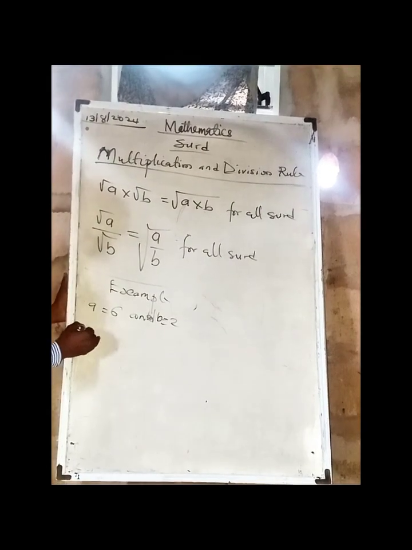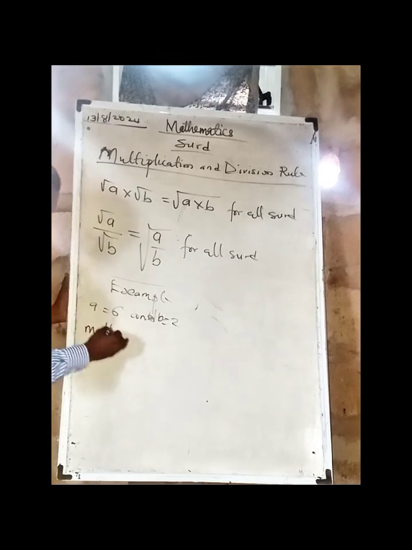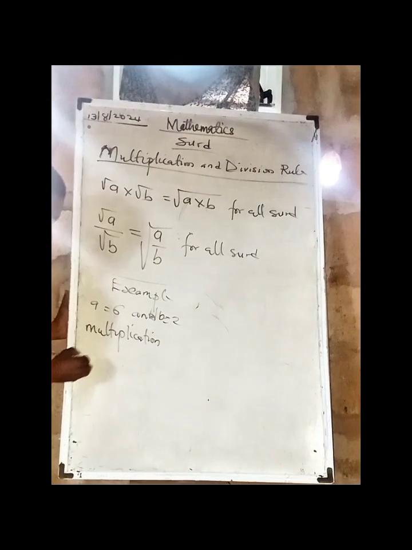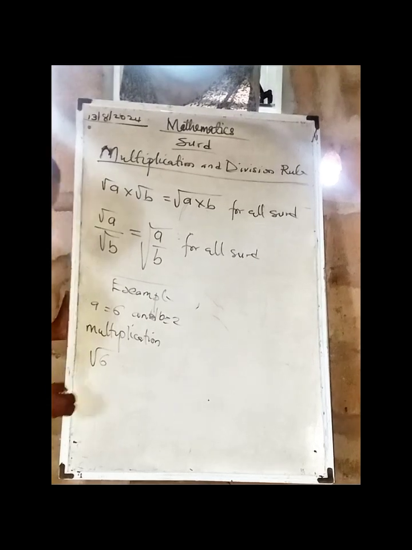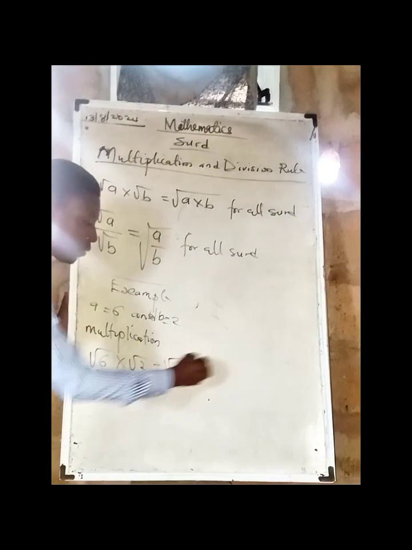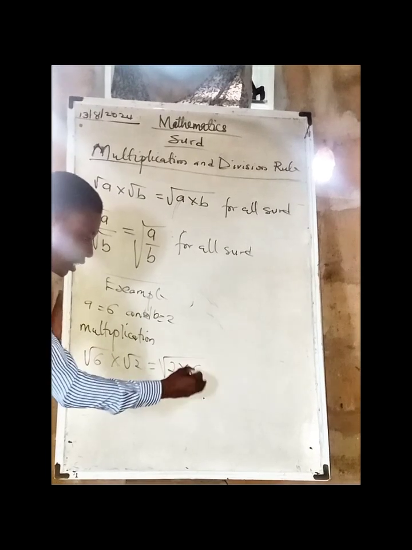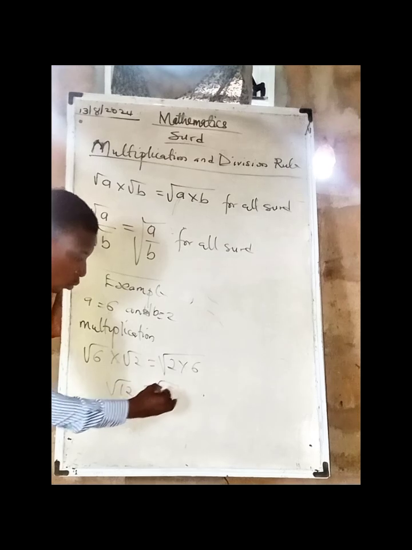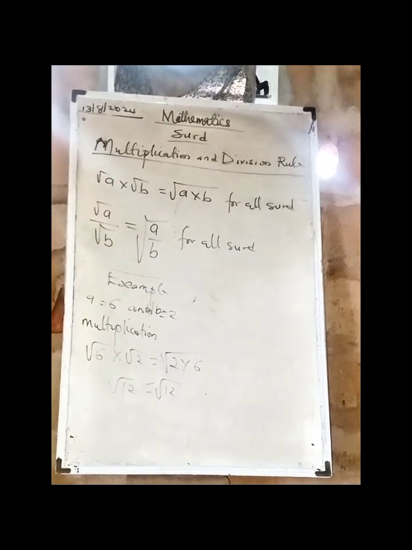So under multiplication, we have that surd 6 times surd 2 is equal to root of 6 times 2. At the end of the day, you have that this is surd 12. This will also give you surd 12. You can see that they are equal.